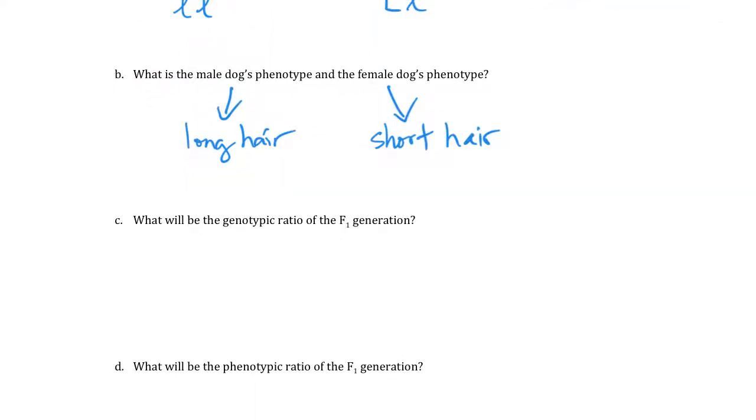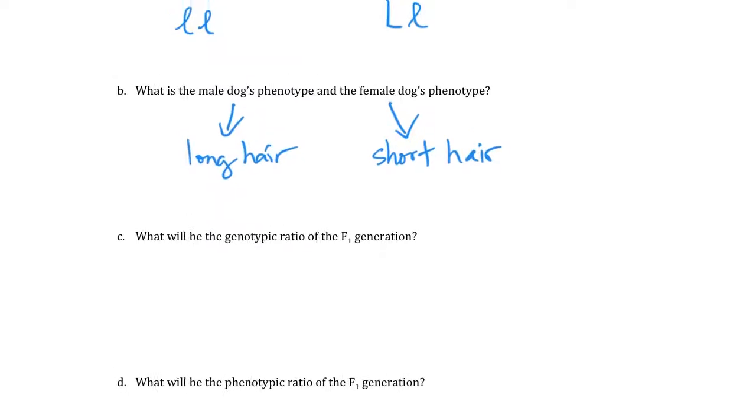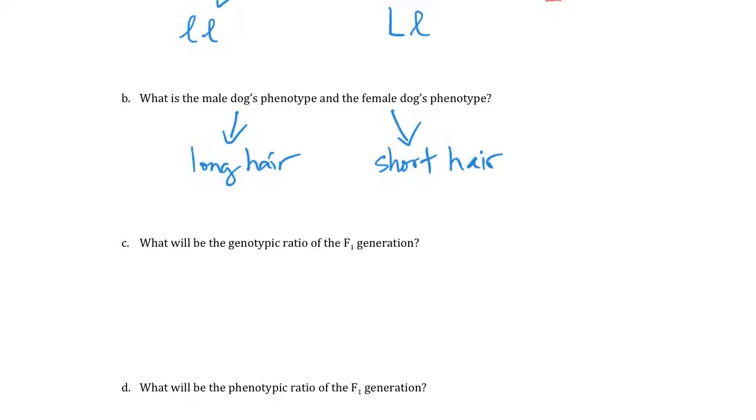Next question. What will be the genotypic ratio of the F1 generation? So again, that's the first generation after they mate. So let's take a look at the Punnett square resulting from this. So the cross that we're going to do is small l, small l crossed with big L small l. And so let's do a Punnett square for that.